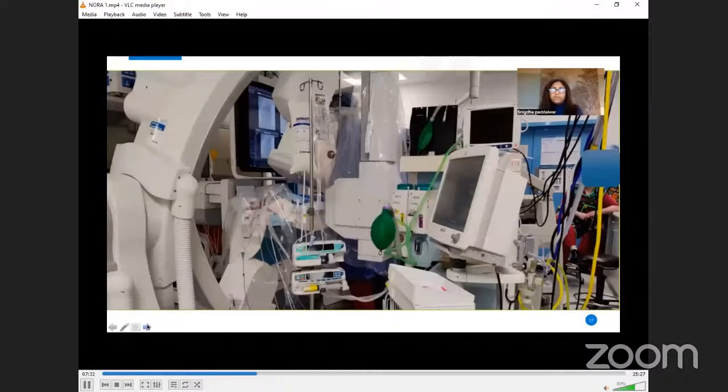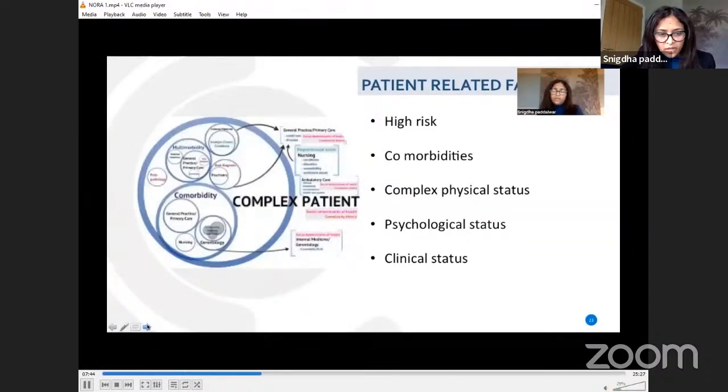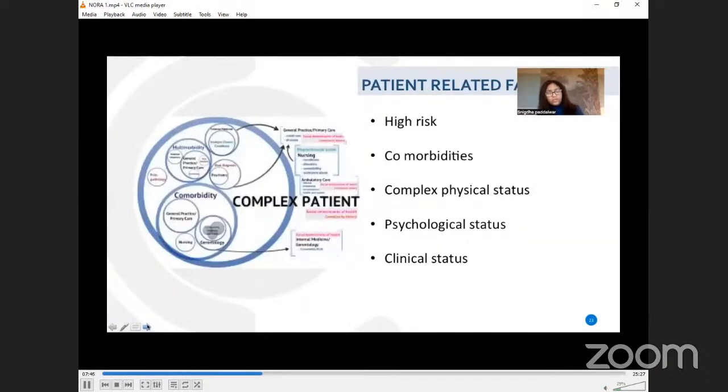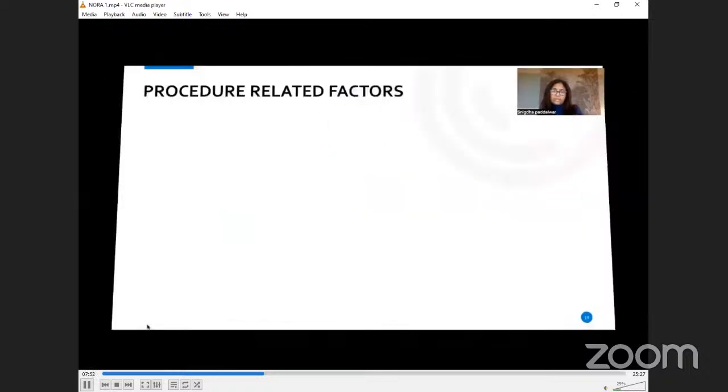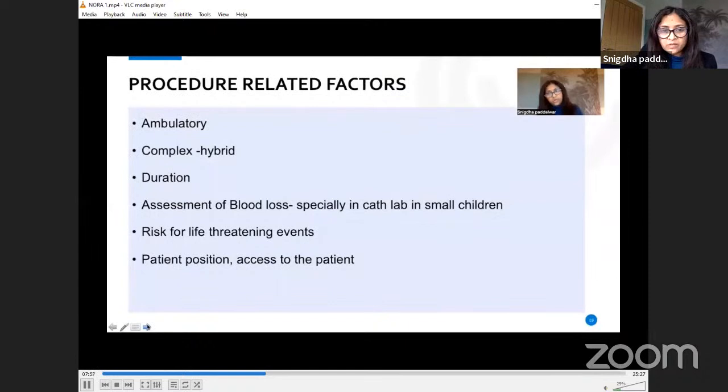Hello, hello, Dr. Anjali, Dr. Priyanka. The voice is breaking a lot. Dr. Snigdha, if you can go ahead beyond this slide, that would be better. Okay, shall I do it live from here? It will be better to do it live from here, because there is a lot of breaking. So nice presentation is going on. We don't want these intermittent breaks. Okay, so can you go ahead with live? Yeah.